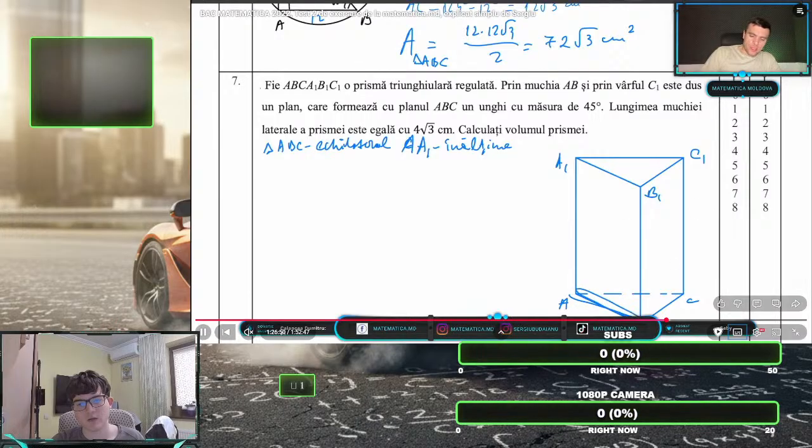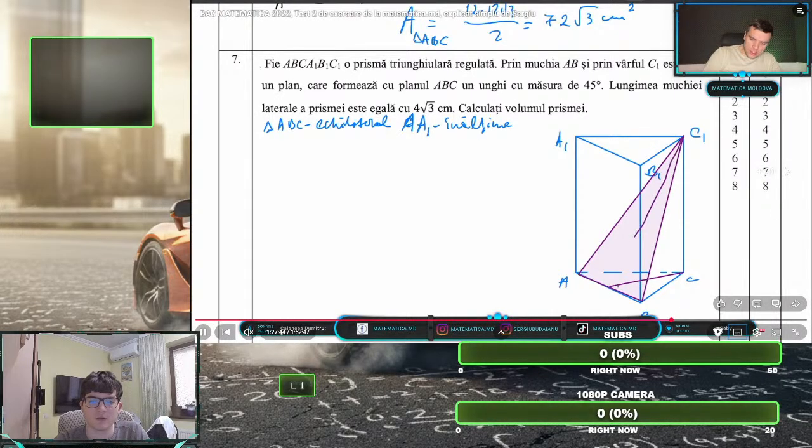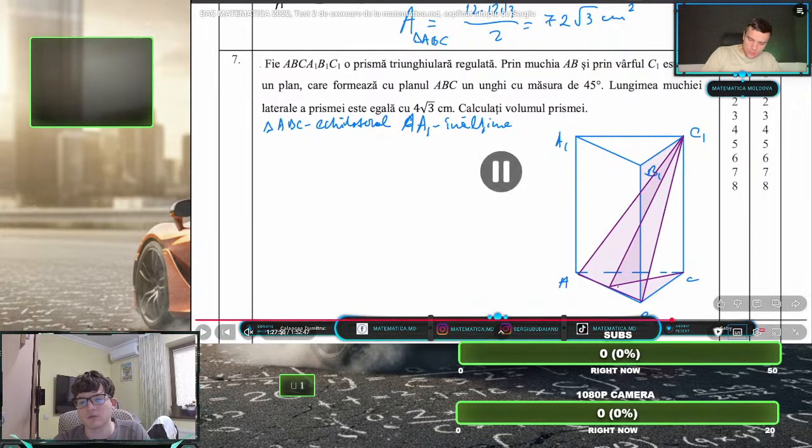A1 is the height, so it's like a triangle that's being formed. Yes, that's the triangle that is being formed right here. Moving down from here, goes down there and stuff. Amazing.